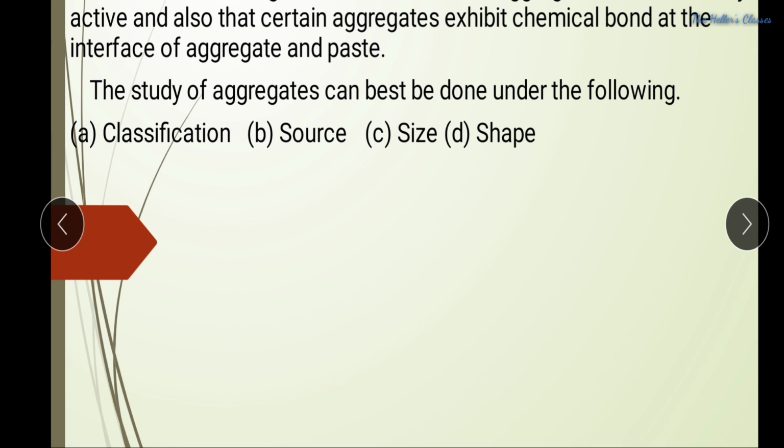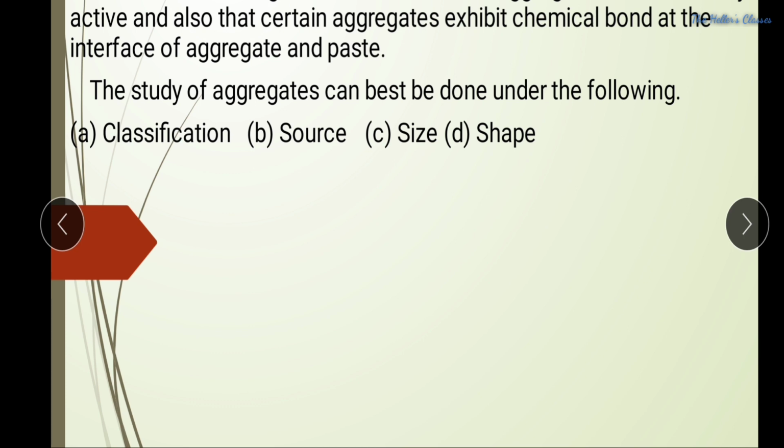So under these aggregates, in this video we are going to discuss classification. What are the classifications of aggregates, the sources, the different sources for getting the aggregates, as well as size, in what sizes they are available.